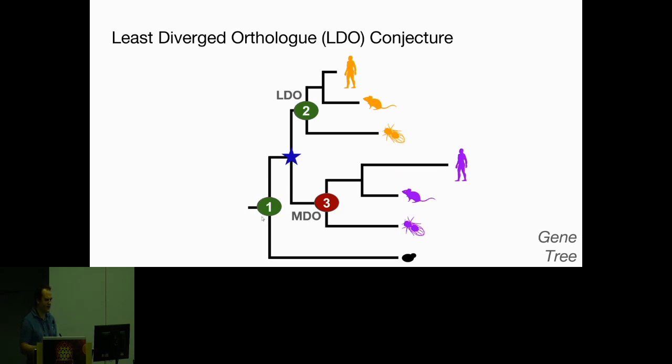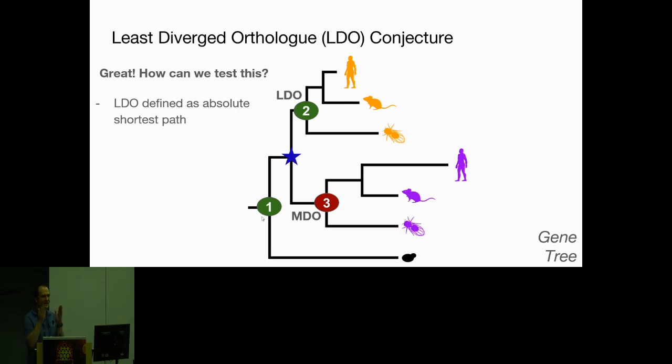Of course, we can't have the data for the ancestral states, so we first want to formalize the framework that we want to test this in, and then I'll explain the data that we used to investigate this. One of the problems with testing this is that on the gene tree, when you're defining the least diverged ortholog, you always can define this as the shortest path.